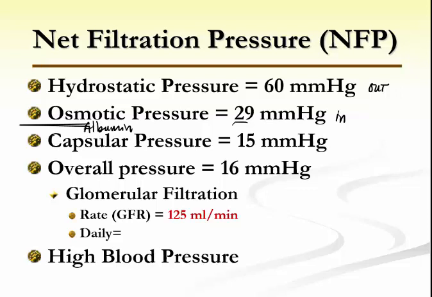But now we have a third pressure that we did not have in regular capillary exchange. This pressure is caused by the fact that the glomerulus is surrounded by a Bowman's capsule. So you're going to have your afferent arteriole leading blood into the glomerulus. And then you have your little ball of capillaries where filtration occurs. And then blood's going to leave the glomerulus and become the efferent arteriole, traveling that direction.